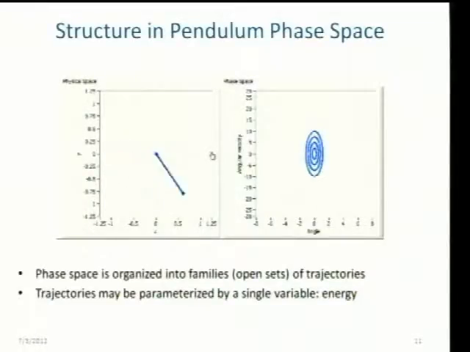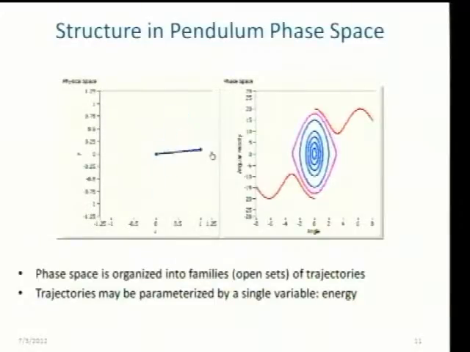And more importantly, there are only really two families of trajectories in phase space, and there's only one parameter controlling this entire family, which is the amount of energy that you're putting into the system. So if you give very little energy to the system, you'll always find yourself in this small oscillation region going around in small circles.